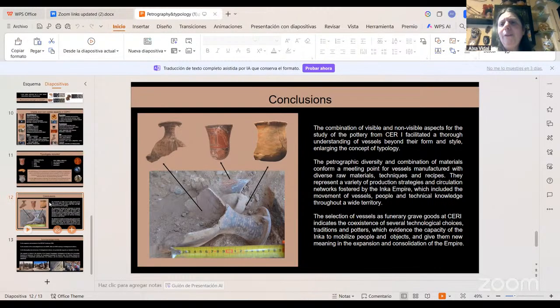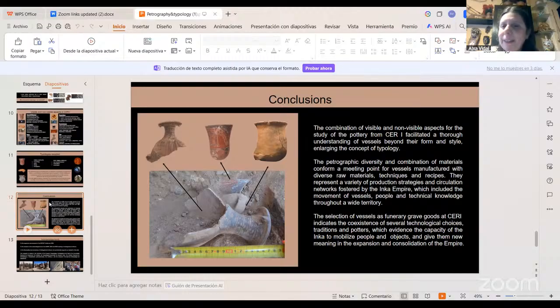This is the way they were found in the burial, manufactured with diverse raw materials, techniques, and recipes. They represent a variety of production strategies, not only production techniques, and circulation networks fostered by the Inca Empire, which include movement, we said, of vessels, people, and technical knowledge, not only one of these aspects.